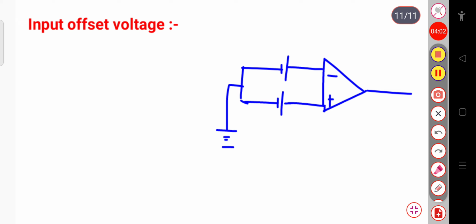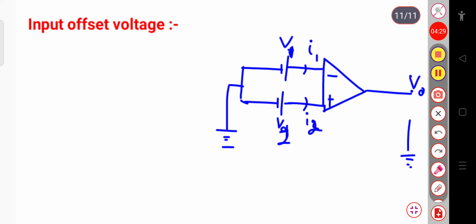Okay, now suppose this is V minus voltage and this is your V plus voltage, and here the current is suppose I1 and this is suppose I2. Okay, or you can write this as V1 and V2, with currents I1 and I2. Now this is your output voltage, this is VO.